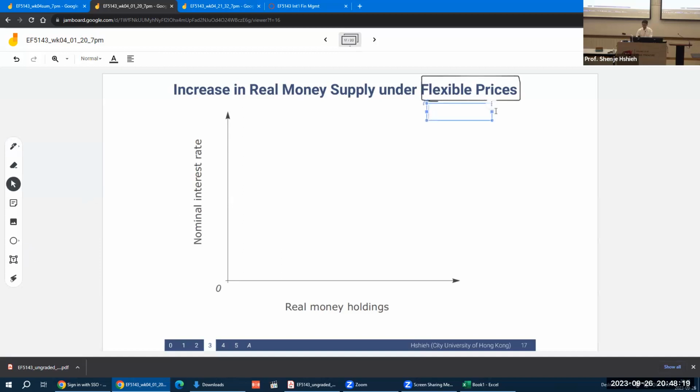To be precise, this just means that prices change in proportion with the change in money supply.